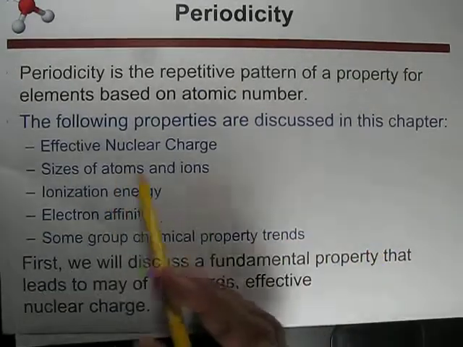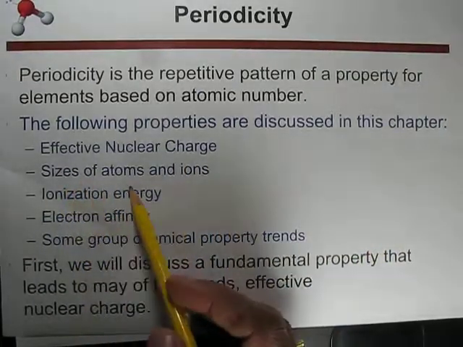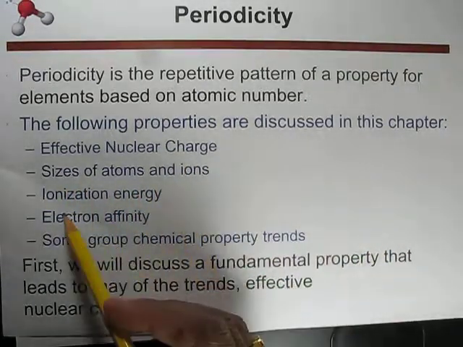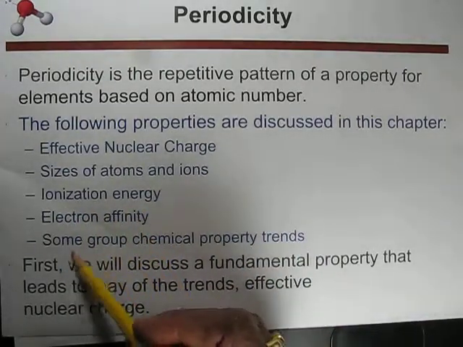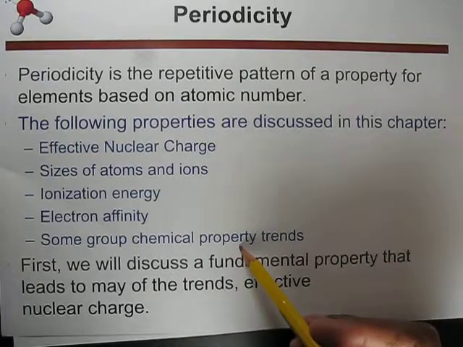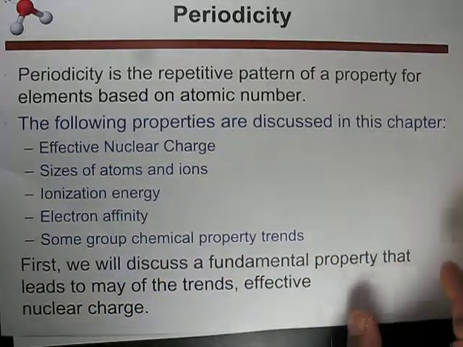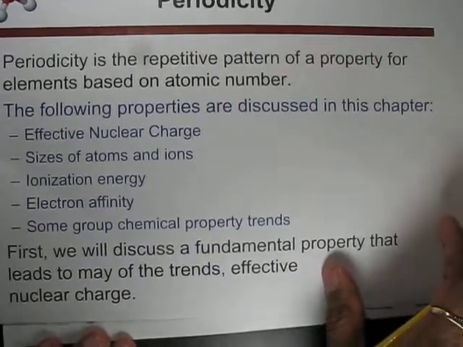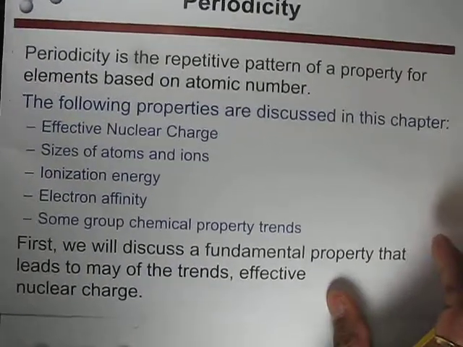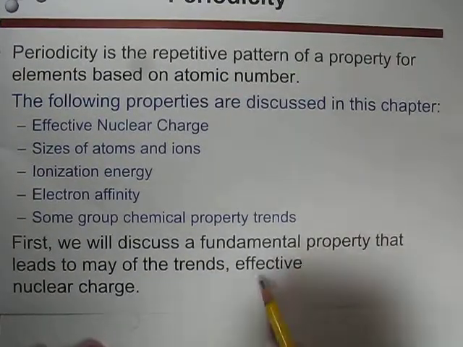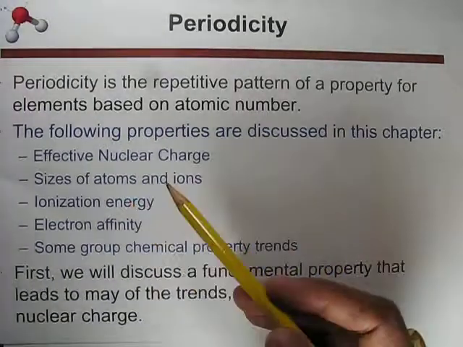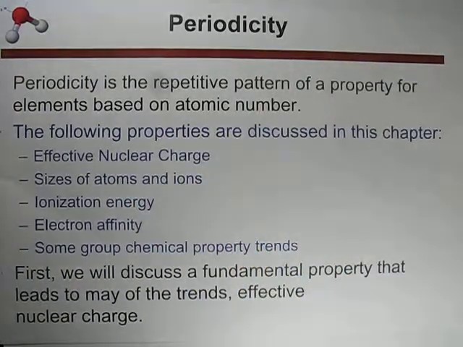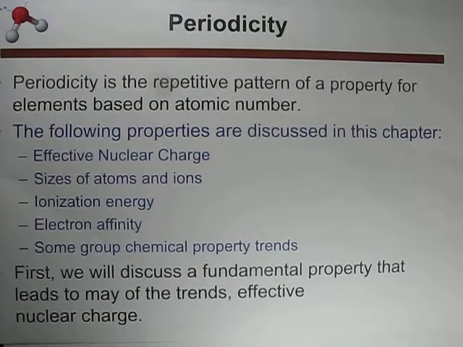Number 1 is effective nuclear charge, size of an atom and ion, ionization energies, electron affinity, and some group chemical properties trends. But first we will look at the fundamental properties that will lead to the different trends, and effective nuclear charge. So what is the meaning of effective nuclear charge? All these properties we will discuss one by one in this chapter.